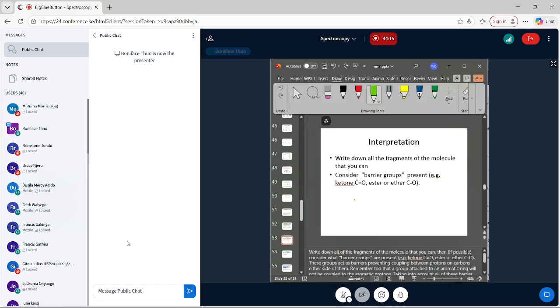For example, you can have... Okay, so we have this compound which is an ester.